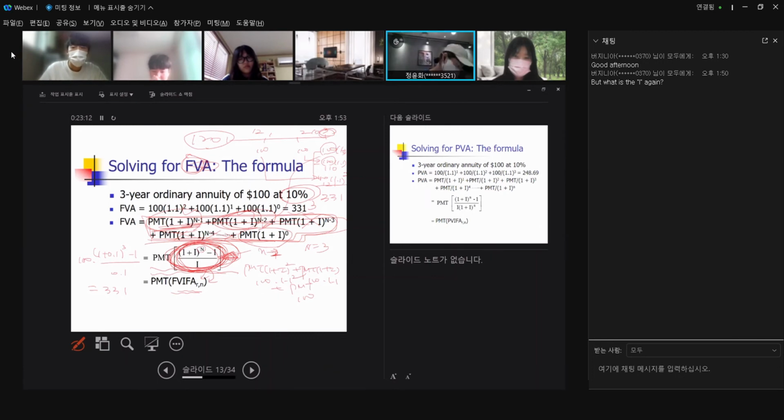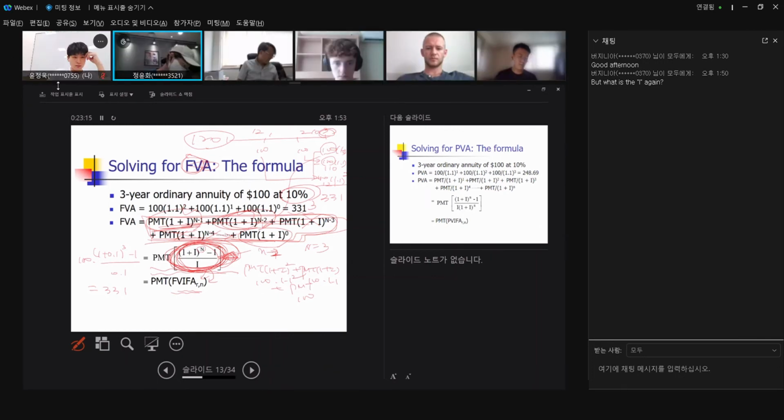I'm finding it. Yeah. Table E3. Exactly, E3. So the rate is 10%, so the column is 10%, and the period is 3 years, so the row is 3.